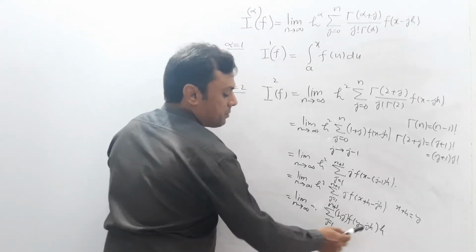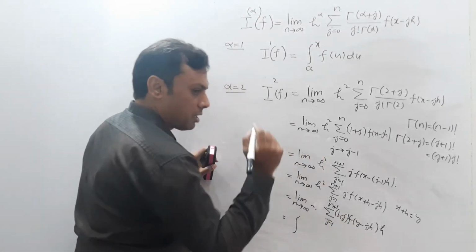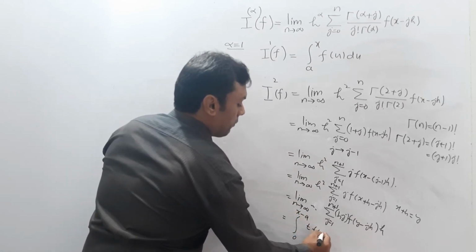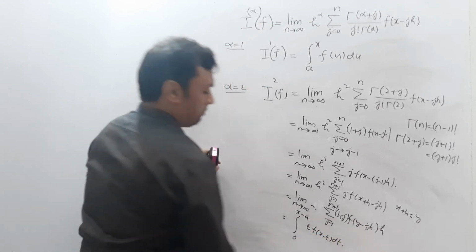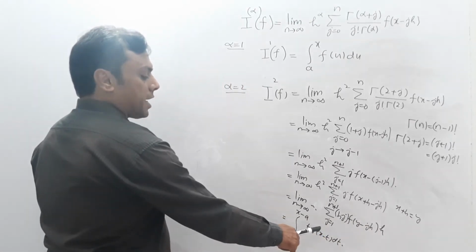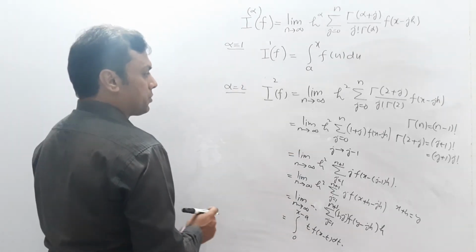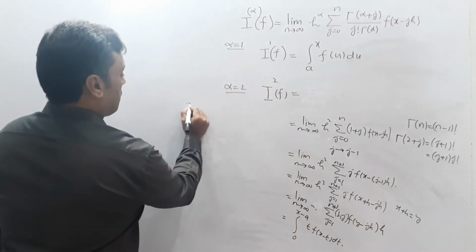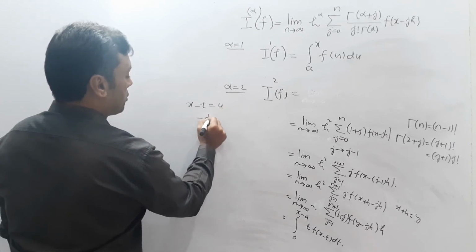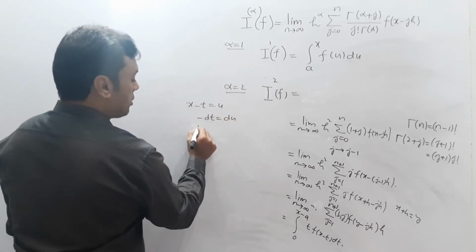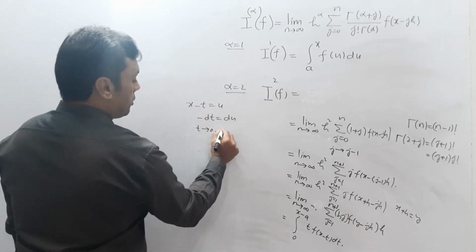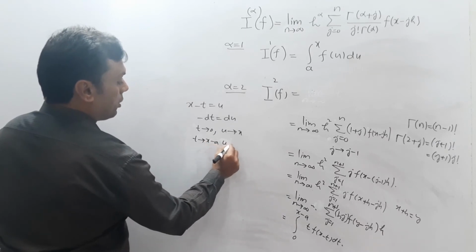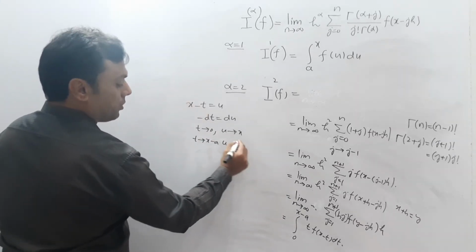Using the same definition, this becomes the integral from 0 to x minus a of t times f of x minus t dt. If I again replace x minus t equal to u and minus dt equal to du, when t goes to 0, u goes to x, and when t goes to the upper limit x minus a, u goes to x minus a, so x cancels a.